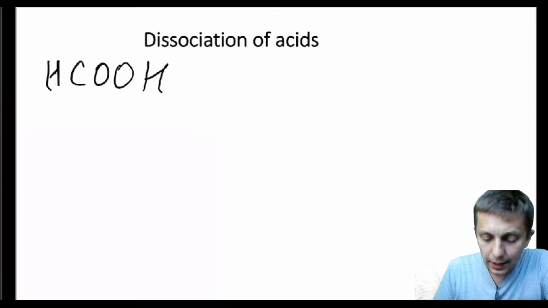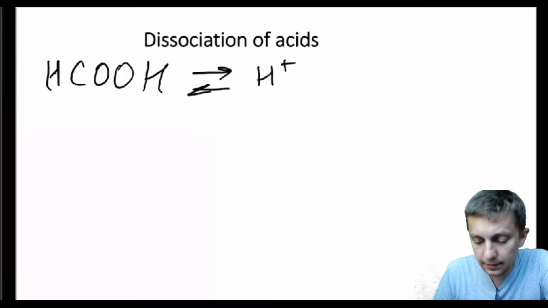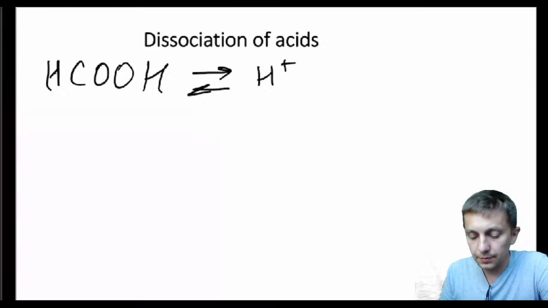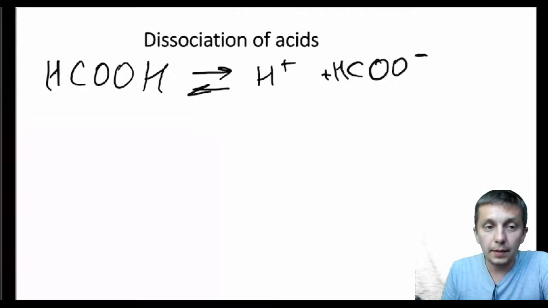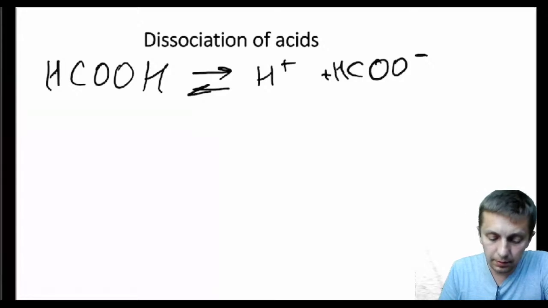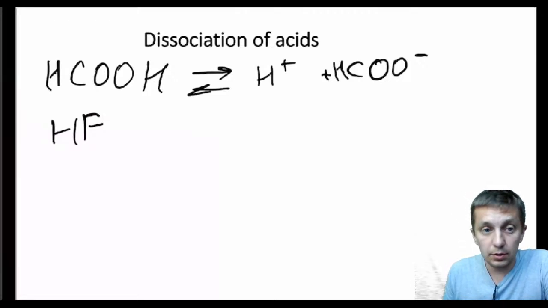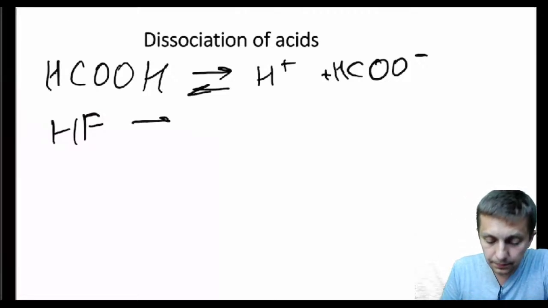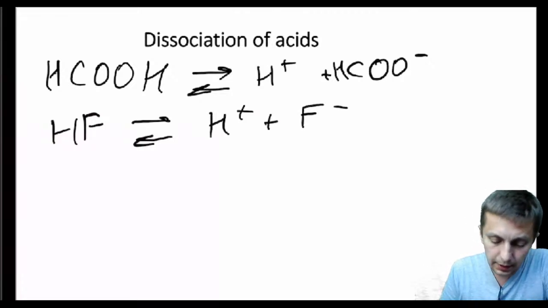HCOOH, like a strong acid, produces H plus, and what is left will have a negative charge, HCOO minus, but it's reversible. Or another example, HF, it's also a weak acid because it's not from the list, and it partially gives H plus plus F minus.